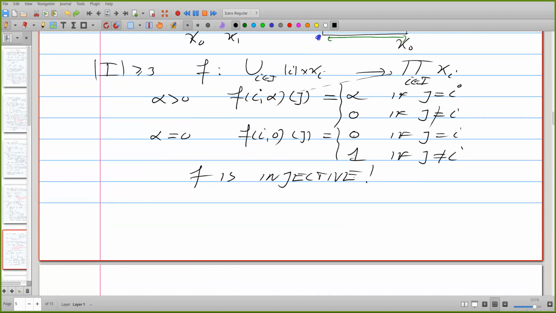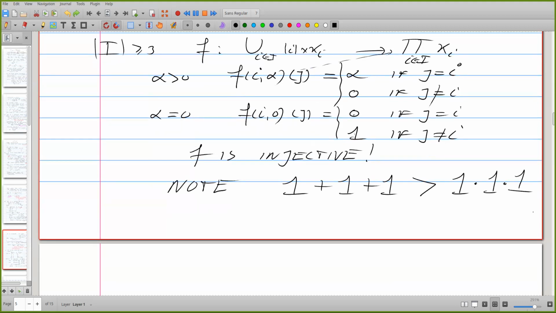And there is another reason why we need that all the kappas were at least 2. If the kappas were equal to 1, then we don't get the inequality that we want, because the sum of 1s is bigger than the product of 1s. Remember that.